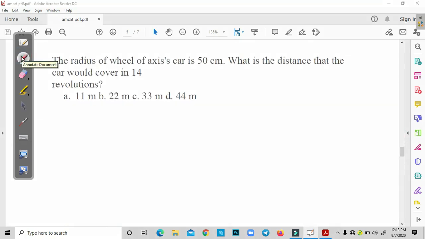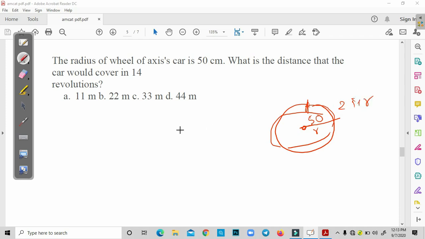Now, the radius of the wheel of the car is 50 centimeters. Let us take this is the car and this radius is 50 centimeters. What distance would the car cover in 14 revolutions? Guys, if it makes one revolution like this, then it will cover 2 pi r distance. So in 14 revolutions, it will cover 14 times 2 pi r.